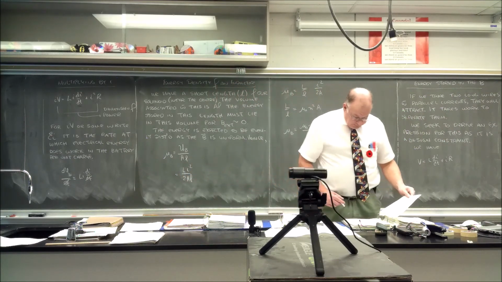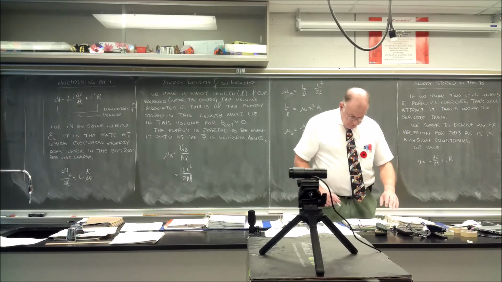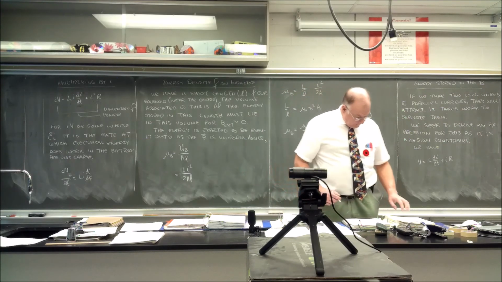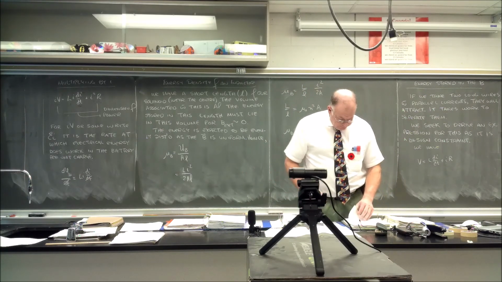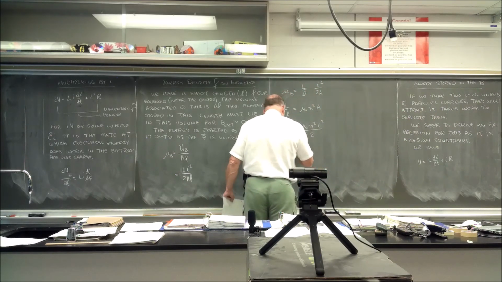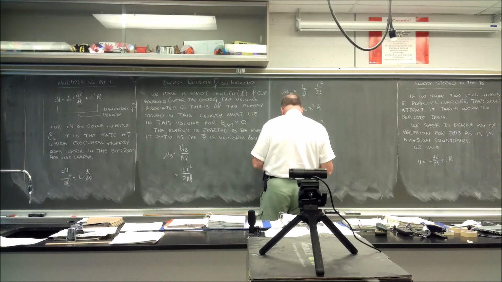That's left here. So did that, or mu sub B can be equal to the magnetic field squared over 2 mu naught.